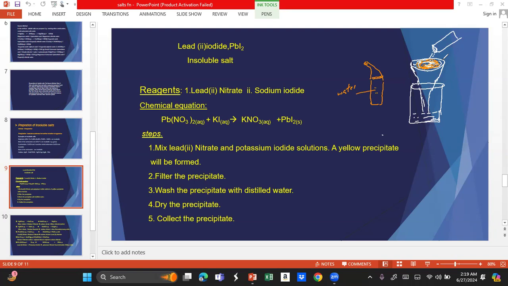Then the steps may carry 2 to 3 marks. The steps are very easy. The same steps will be written for every insoluble salt except the names of the salt solutions which we are taking and the precipitate color.